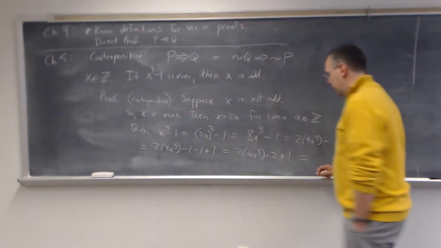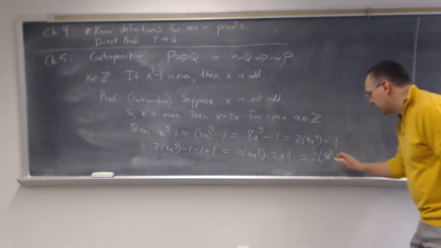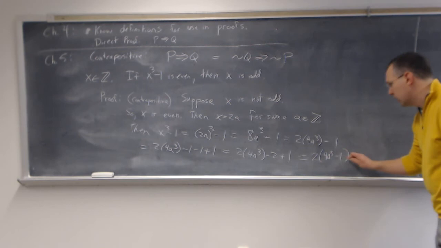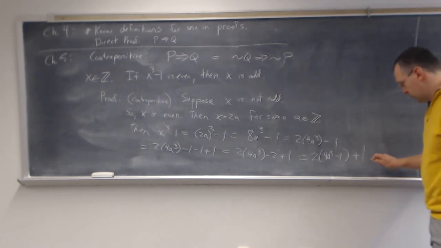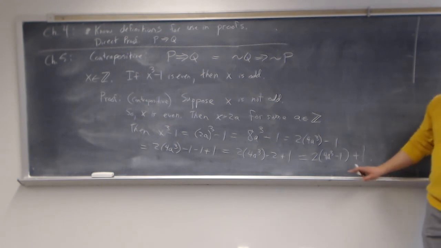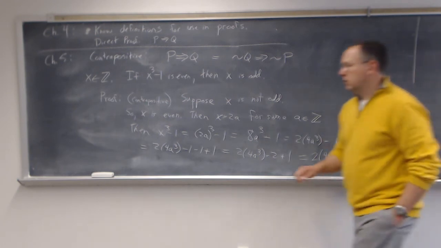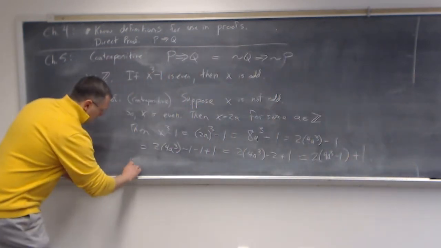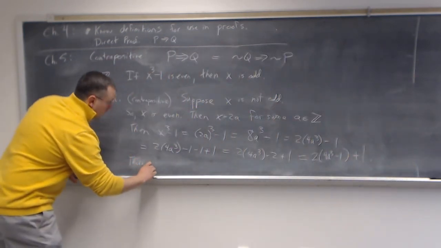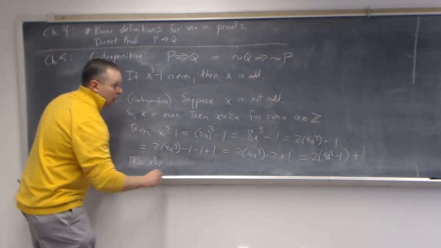Seems to be a lot of work, right? So I factor out that 2, so it looks like 2 times 4a cubed minus 1 plus 1. Now it looks exactly like 2 times an integer plus 1. Thus, x cubed minus 1 is odd.